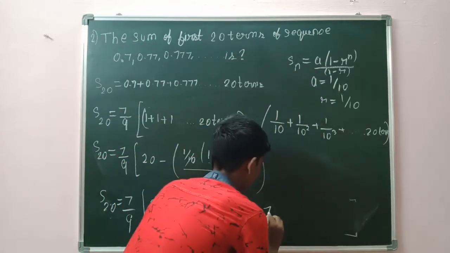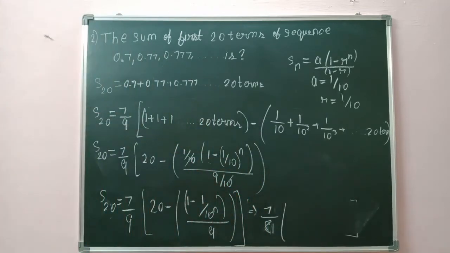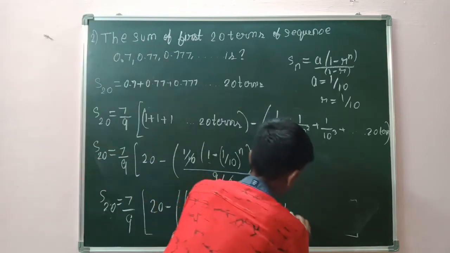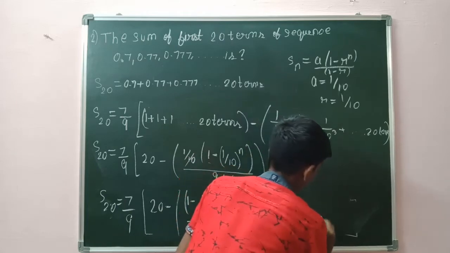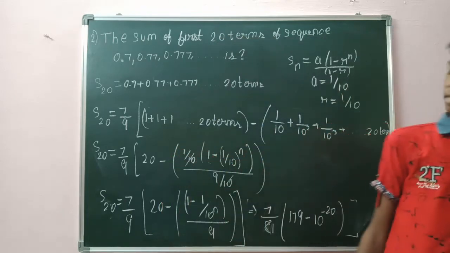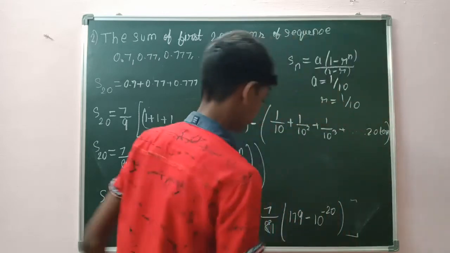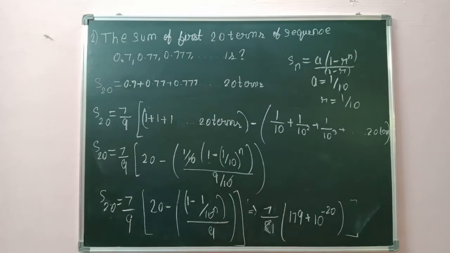We get 7 by 81 into 179 plus 10 power minus 20. That's the answer for this question.